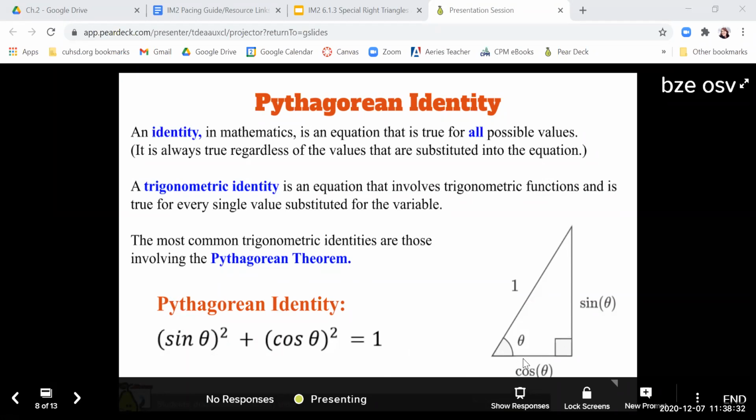So this is basically like a formula, and it's always true, no matter what your theta is. If you had an angle of 1 degree, it would be true. If you had an angle of 30 degrees, it would be true. It doesn't matter what your angle is, it's a true equation. It's like the Pythagorean theorem, but for trig.